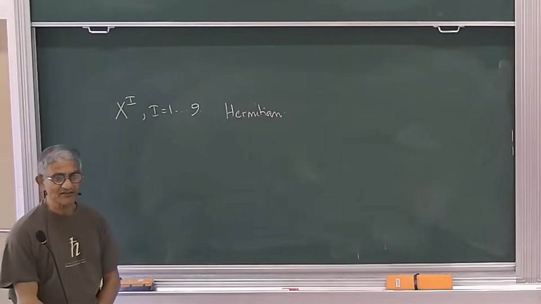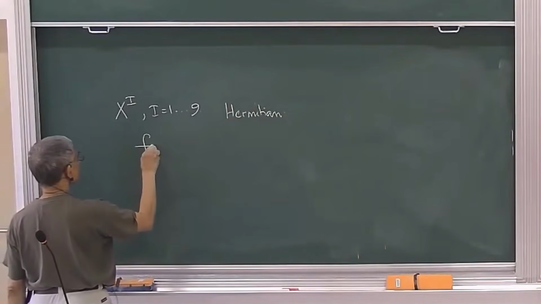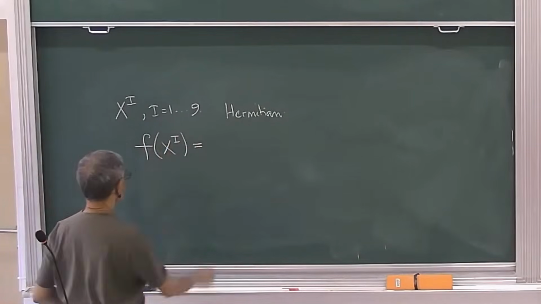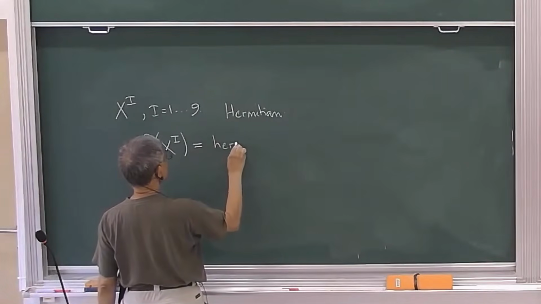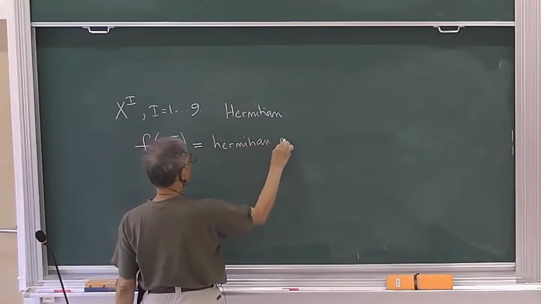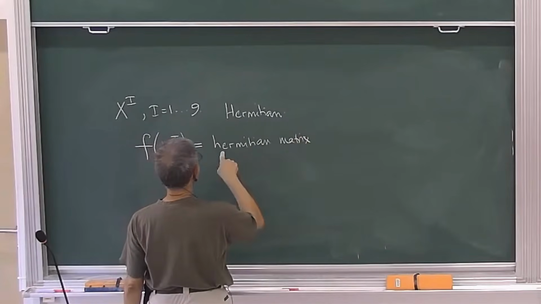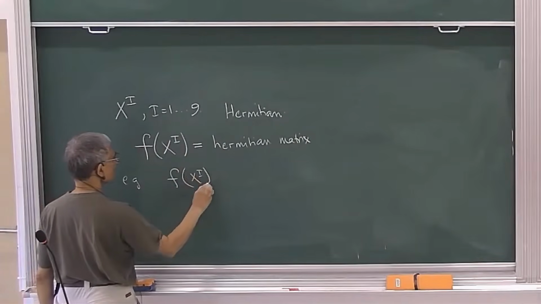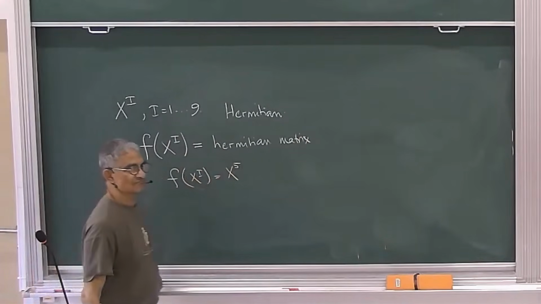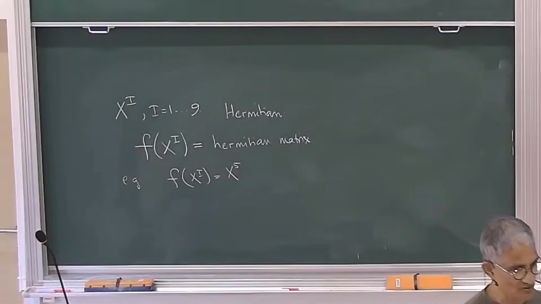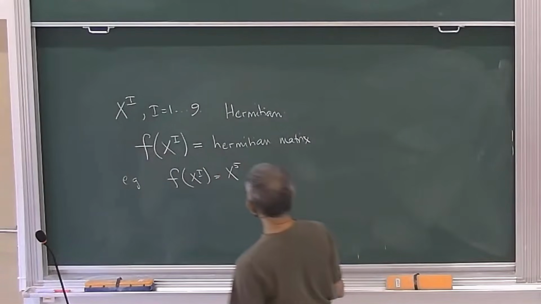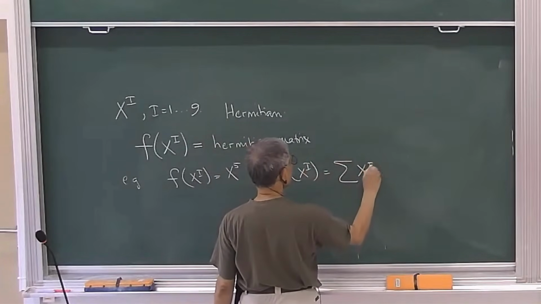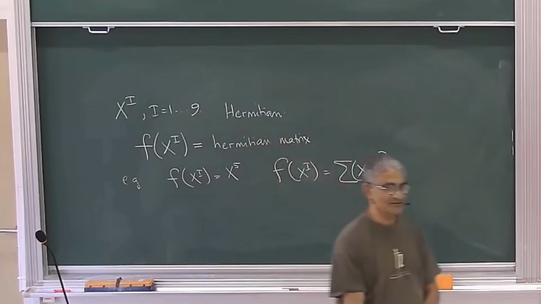Out of these Hermitian matrices, I can form a Hermitian matrix, which is a function of these. Just to give an example, this is a single Hermitian matrix. For example, let me take it to be just X5. That's a Hermitian matrix. Nobody prevents me from doing that. Or I can take f of Xi, that's another Hermitian matrix.